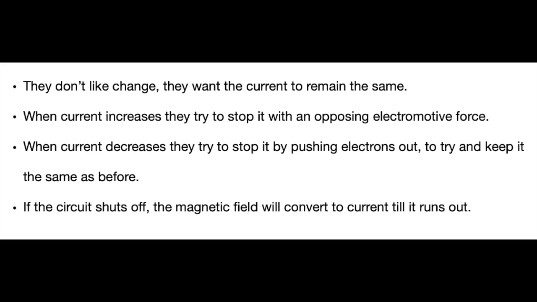When current decreases, they try to stop it by pushing electrons out to try to keep it the same as it was before. And if the circuit shuts off entirely, the magnetic field will convert to current until it runs out. This means that the current through an inductor cannot be turned on or off instantly.